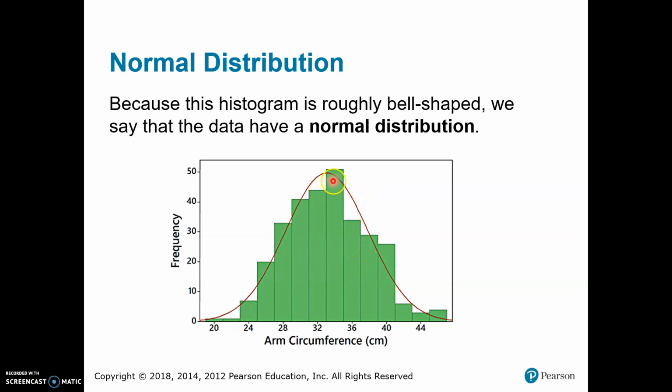And the center, actually most of the tallest bars are in the center of the entire graph. The normal distribution will be useful later because we have an entire chapter about the normal distribution.